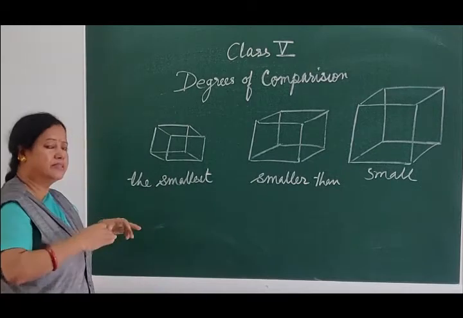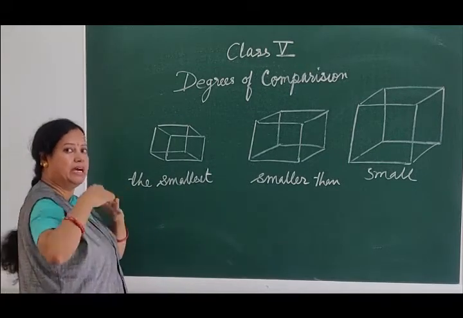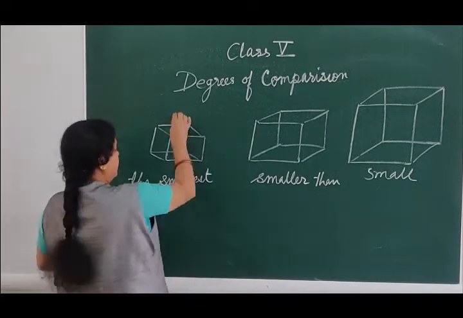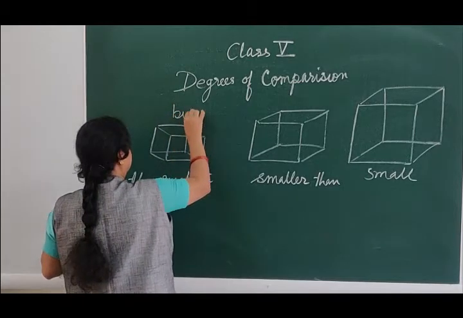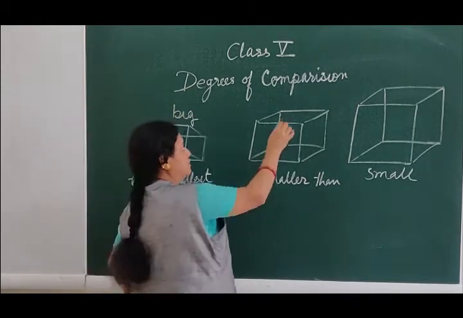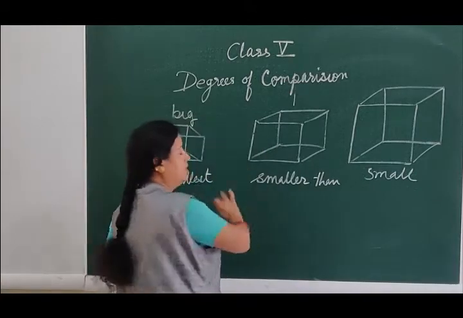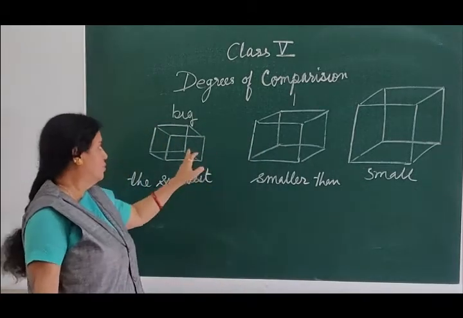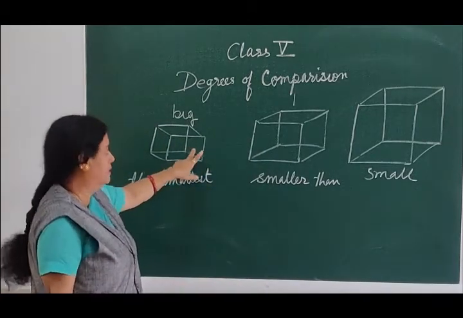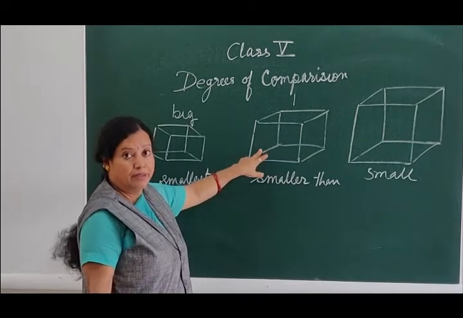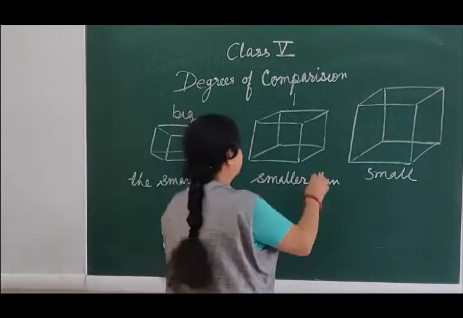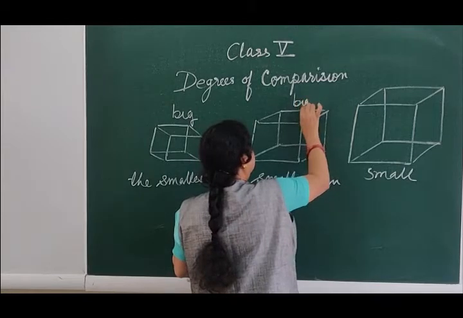Now let us see the same thing in other word. Suppose I say this is big. So if we will compare these two, if this is big, then it is bigger than. It is bigger than.